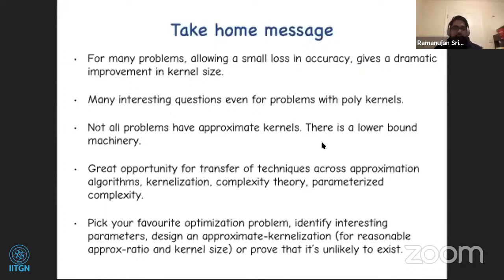And the final thing I wanted to say is there isn't really a very heavy startup cost to getting into this. So all you really need is to have a basic understanding of kernels, and then you could pick your favorite problem, think of your favorite parameters, and start asking whether there exist approximate kernels for appropriate values of the approximation ratio and the kernel size, of course.